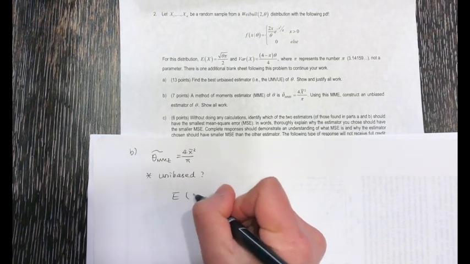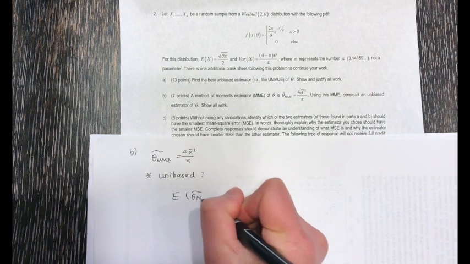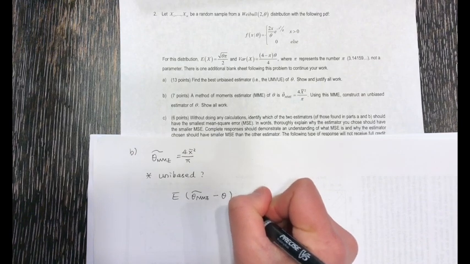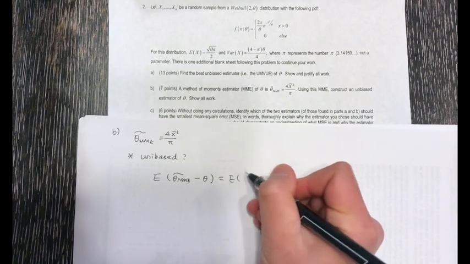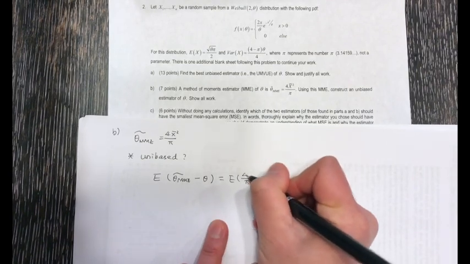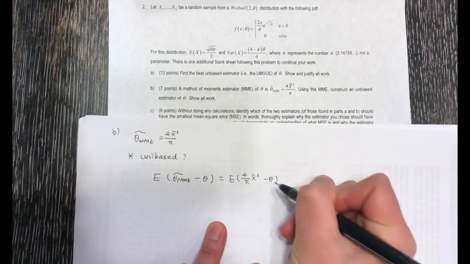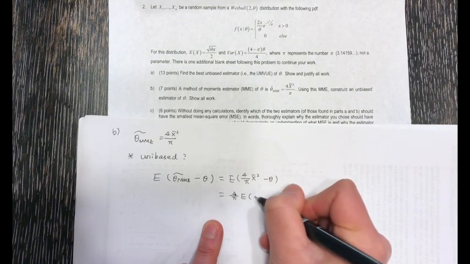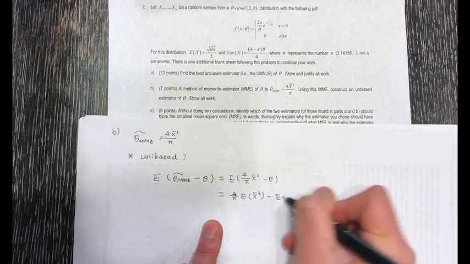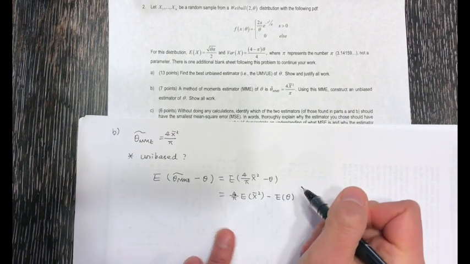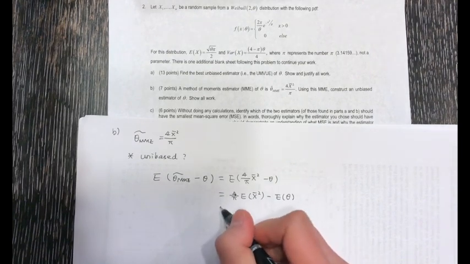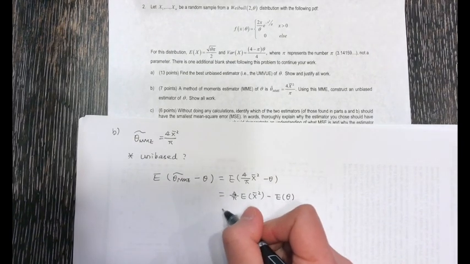So, trying to find the bias, we will find the expectation of the MME minus theta, which is equal to the expectation of X bar squared minus theta. Theta is a parameter, which is a constant, so the expectation of theta is equal to theta.